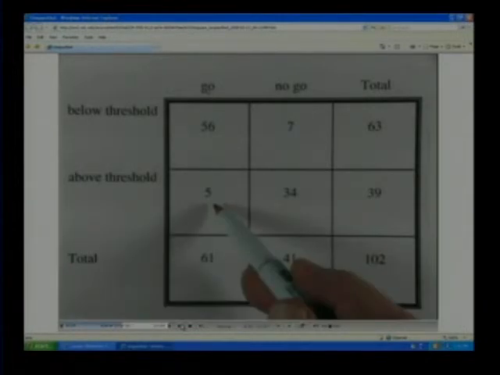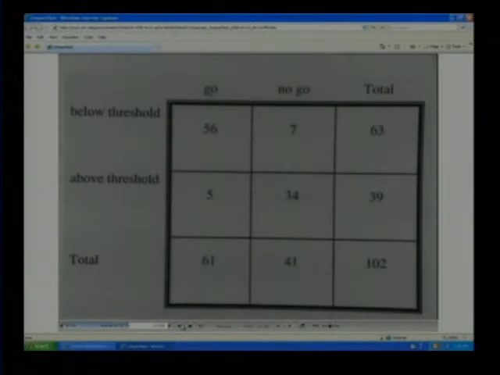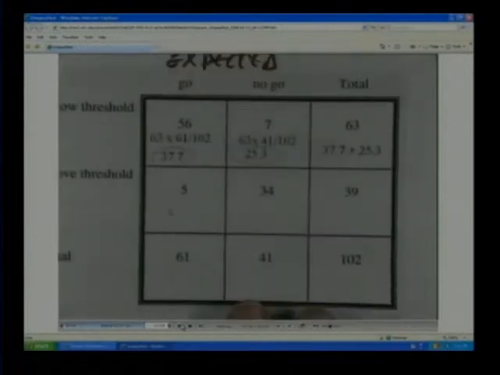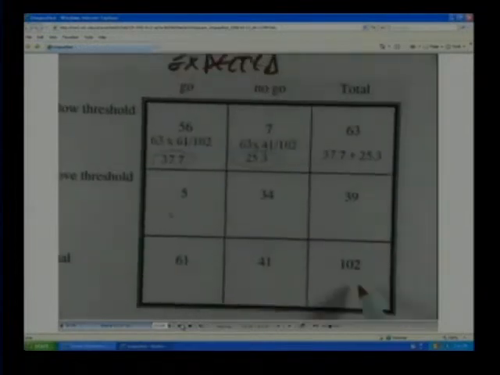So I've got those. Now, the next thing I do, after I calculate the marginals, is calculate the expected value. The expected value is this marginal times this marginal divided by the total.